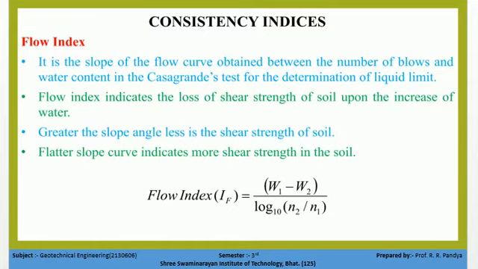The value of flow index is determined from the equation (W1 minus W2) upon log10 (N2 upon N1). Here we have to understand the second point: I told you that flow index indicates the loss of shear strength of soil upon the increase of water.